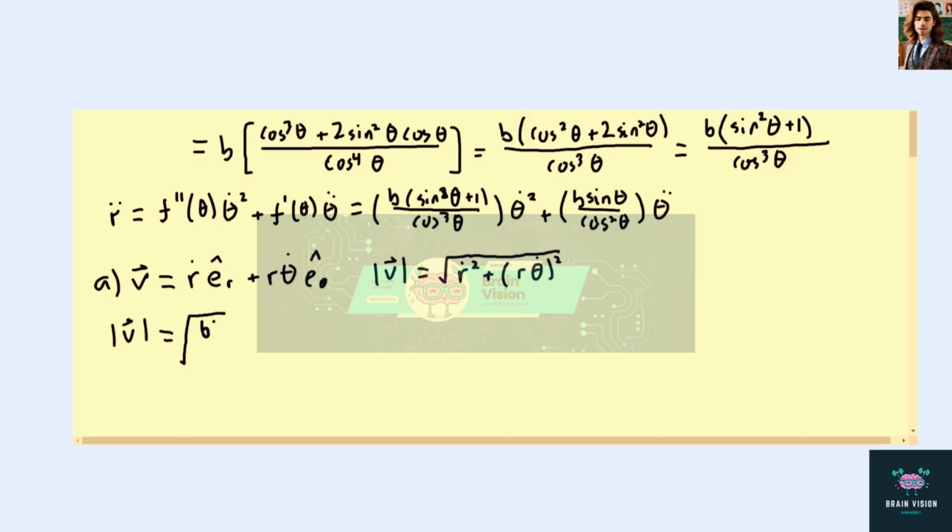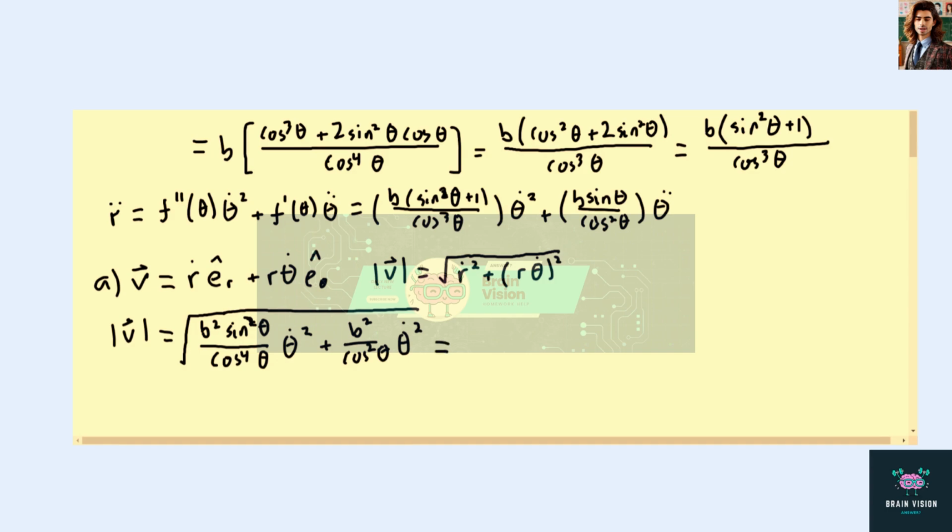So we'll have a b squared sine squared theta over a cosine to the fourth theta and a theta dot squared. And then our second term will be a b squared over cosine squared theta times a theta dot squared. Okay, so we've got the square root of all of that.